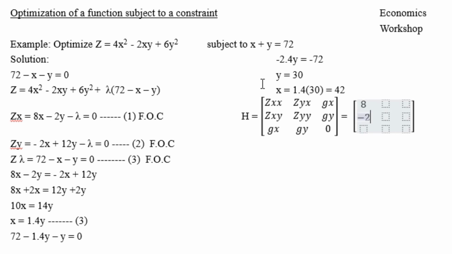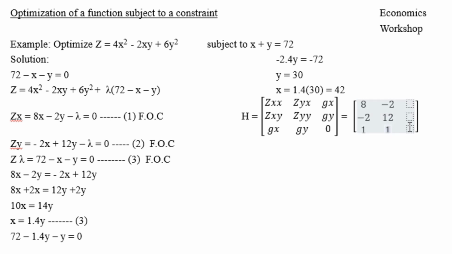And Gx, that's the differentiation of this constraint function with respect to x, that is 1. So we have 1 here. We have Zyx here, that's the second derivative of this FOC with respect to x, that is minus 2. This place is minus 2. And Zyy, we differentiate Zy with respect to y, that is 12. Gy, that's the differentiation of this constraint function with respect to y, that is 1.